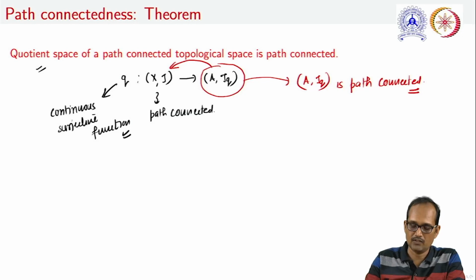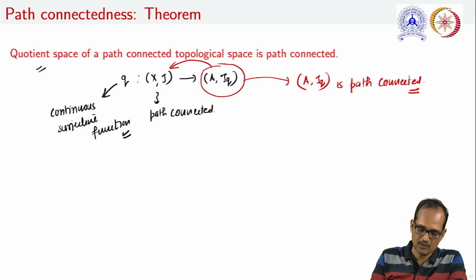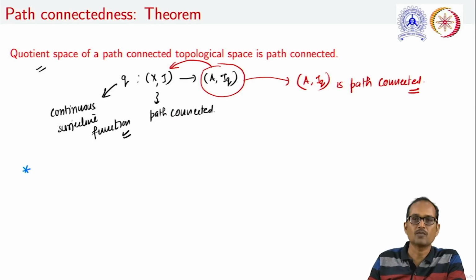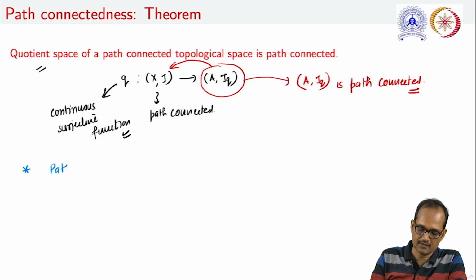That is, a quotient space of a path connected topological space is path connected. Even one more result we can deduce from the previous one, and that is path connectedness is a topological property.